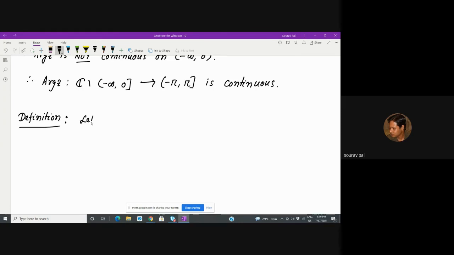So let G be a region. Once again, I repeat, logarithm is one of the non-trivial concepts in complex analysis. One needs to learn it properly and clearly. So what is a region? An open and connected subset of C. It is open and it is connected.